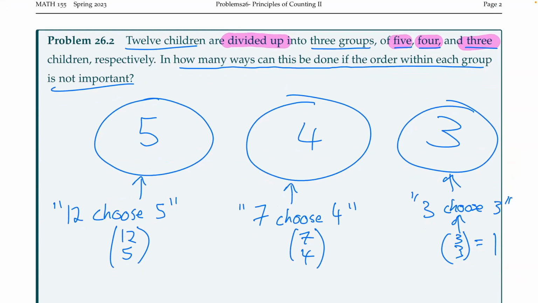Well, here we can combine our multiplication principle. Is that a question? Yeah. But then if you had the wording specifically as 12 children are divided into groups of 4, 5, and 3, then would it be different? No, because you're going to be multiplying these things together, they will ultimately cancel out.